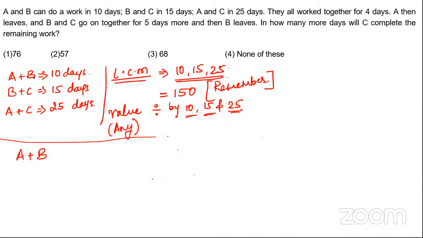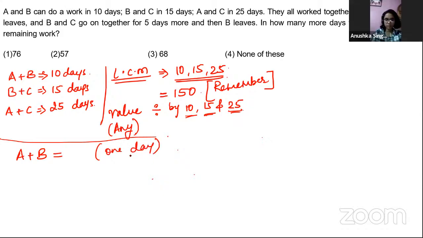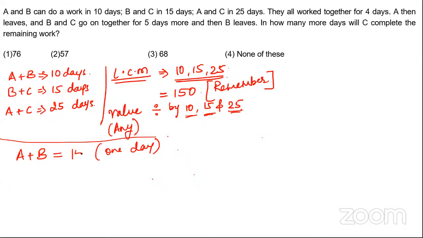If A plus B is completing 150 units in 10 days, how many units will A plus B do in 1 day? 15. All of you, please write down this. I hope you know how you got 15. 150 is your work, and A and B together do it in 10 days, so that's how they do 15 units in a day. So how much will B plus C do?